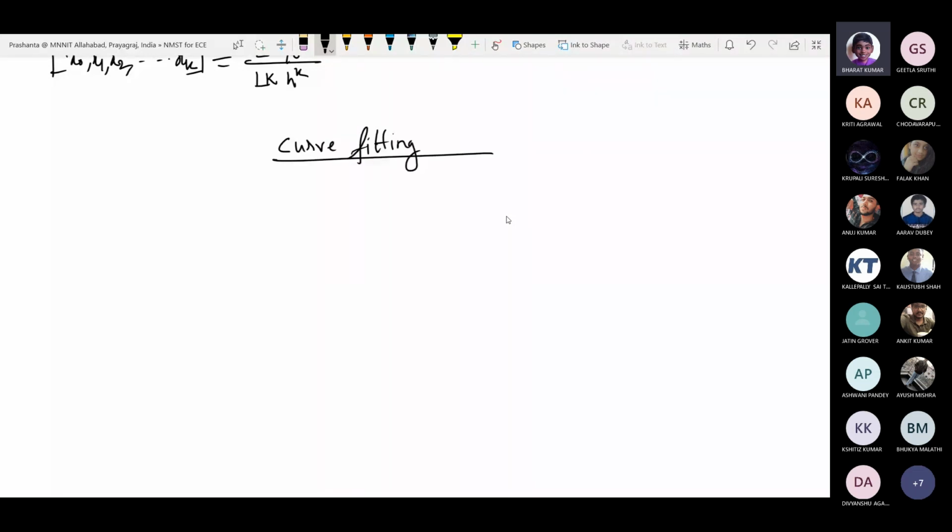So suppose you have only 3 data points, and they are plotted in this manner. First data, second data, and third data. What kind of relationship do you see? Linear.